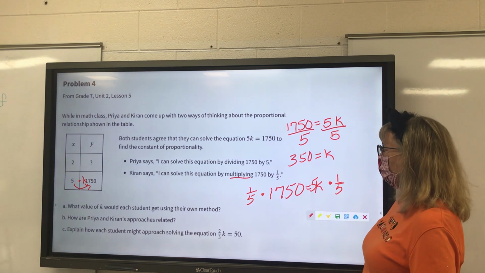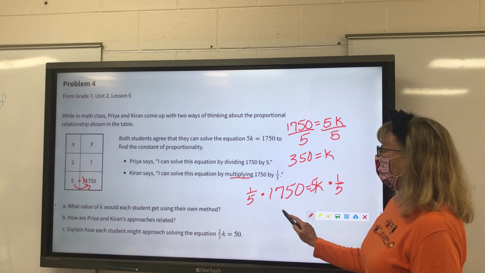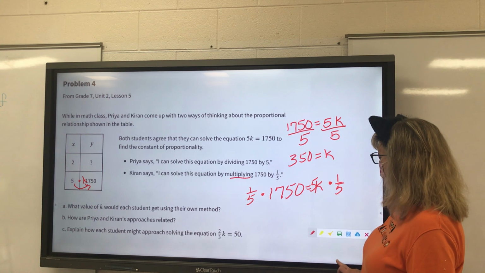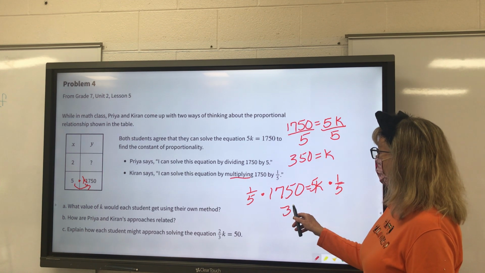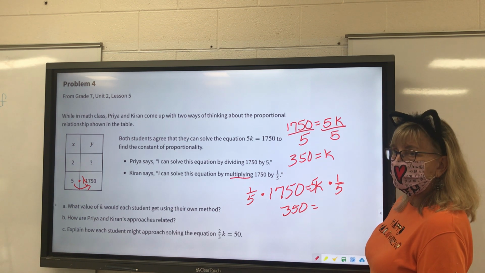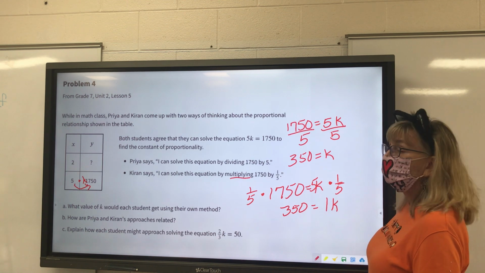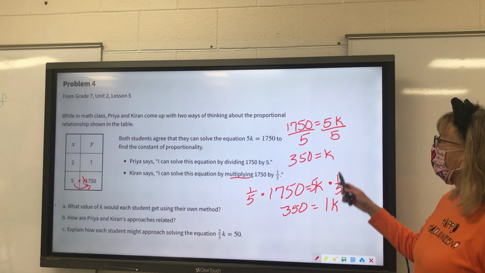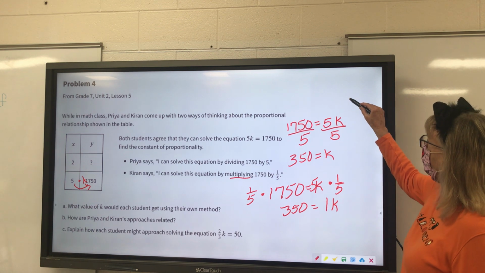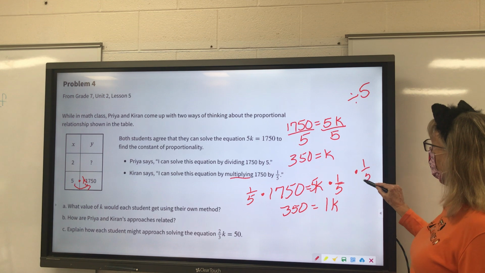Tell me what 1,750 times 1/5 is. 350. So they're both just dividing. What is 5 times 1/5? Isn't that 1k? Yes. So tell me about dividing by 5 and multiplying by 1/5.